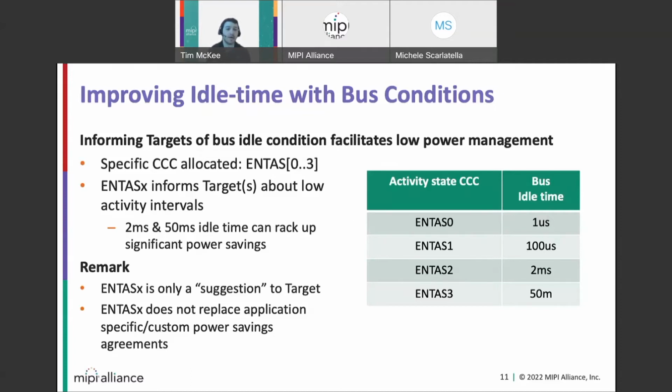Depending on which activity state you enter into dictates the amount of idle time that you can be in within that activity state. So depending on the system and where the bus is at, if you know you're going to have a long idle time, we can enter into an activity state. This allows lower power, custom power savings, and much better efficiency for your system.